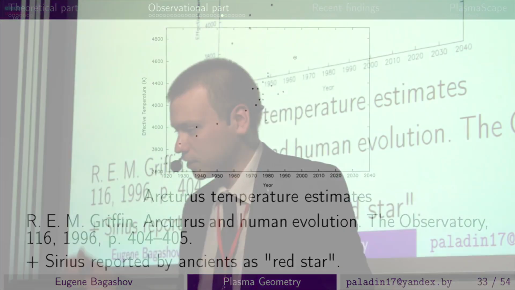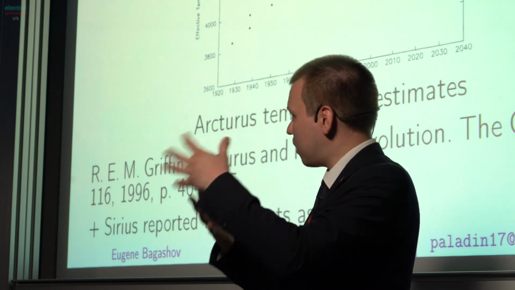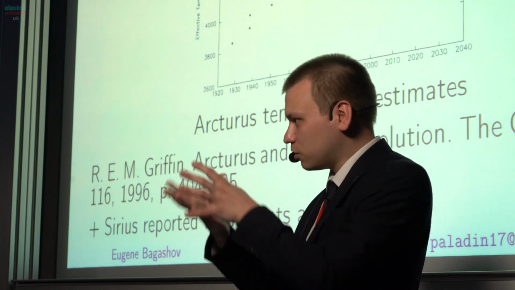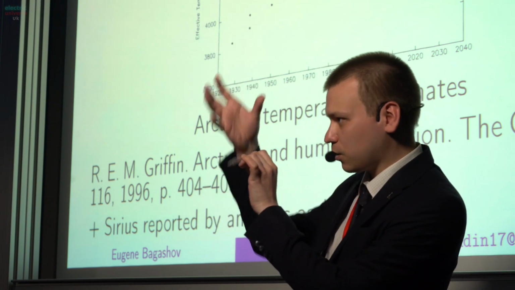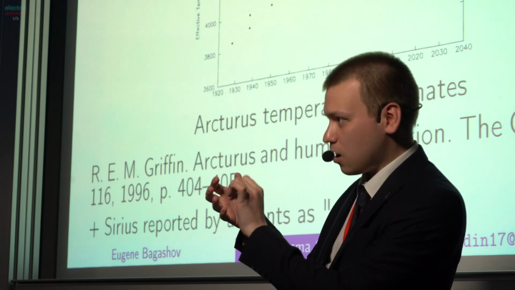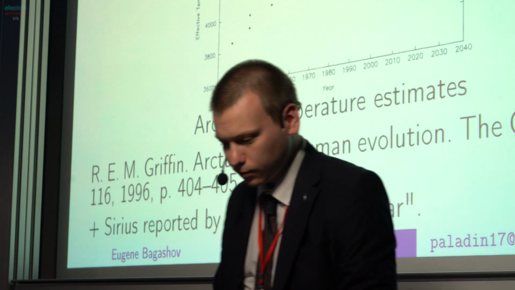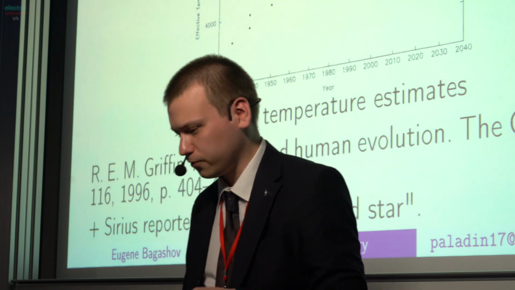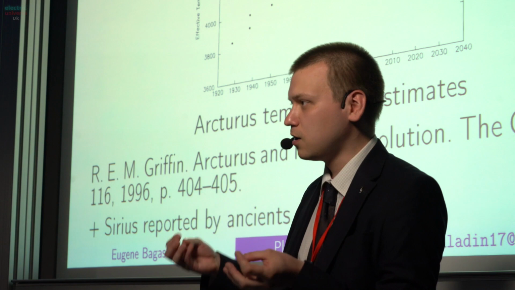But if we assume that the stars are powered, or at least influenced, externally, then just the motion of Arcturus with respect to whatever current was feeding it can cause the change in its temperature and its brightness, right? Plus, we have multiple accounts of ancient astronomers referring to Sirius as a red star.